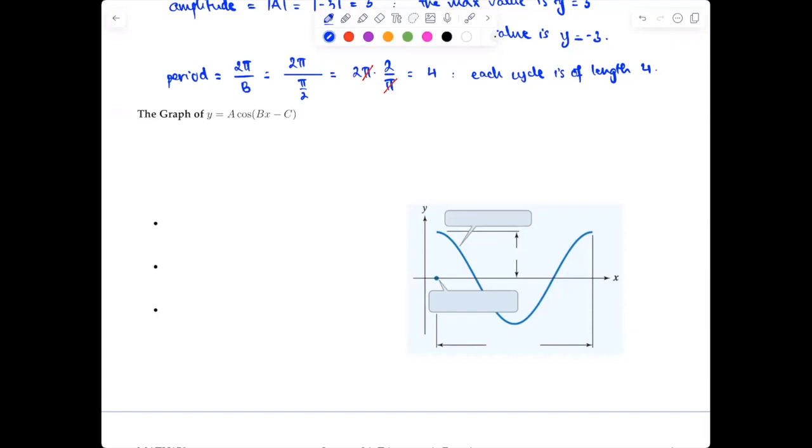And depending on the value of c, we can have a different type of horizontal transformation. Either you want to transform the function to the left, or you want to transform the function to the right.